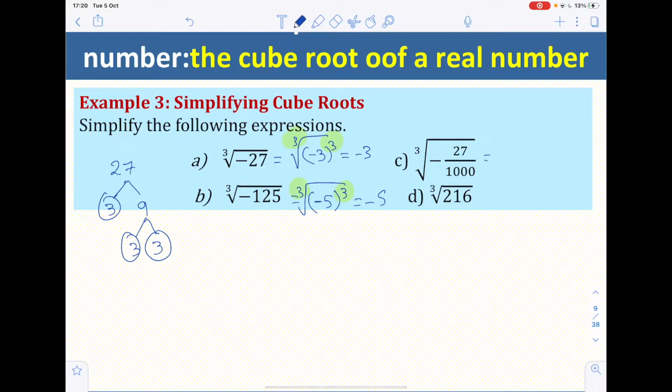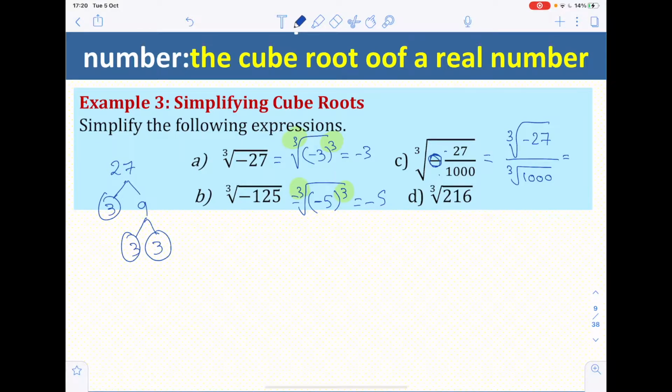Okay, so now for this fraction, we can distribute the root to both numerator and denominator. So we have the third root of negative 27 over the third root of 1000. For the negative here, as I said before, we can write the negative outside like this, or in the numerator or in the denominator.